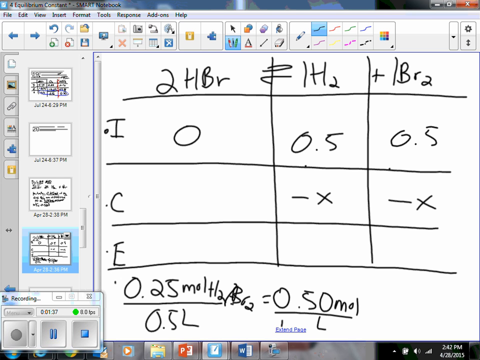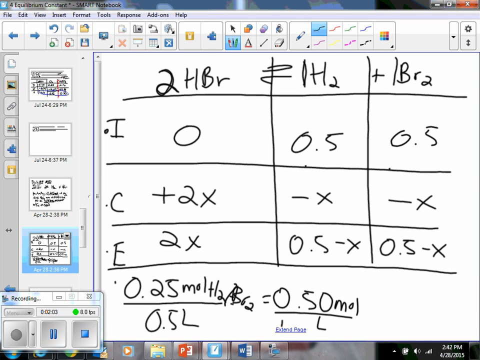That's why we can substitute X in for both. The HBr is a 2-to-1 ratio, so this is going to increase by 2X. So at the end, I'm going to have 2X of this, and 0.5 minus X of my two reactants.